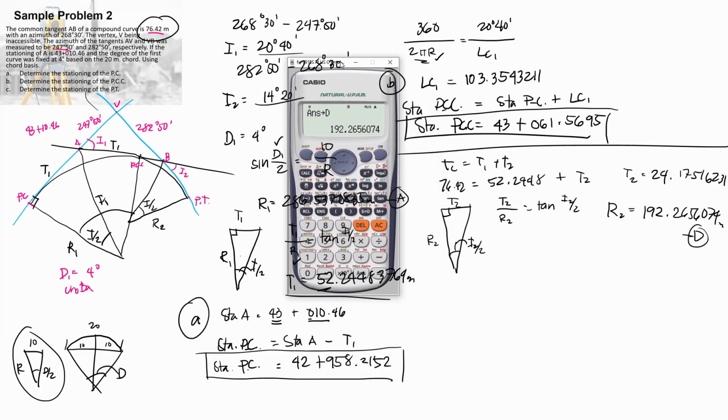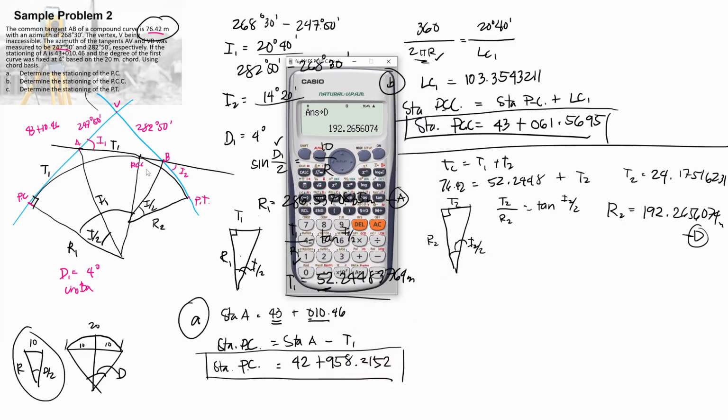Pag ganun na siya, kailangan natin yung kabuoang length nun. So, pwede natin i-ratio in proportion, tama ba? So, 360 degrees, 2 pi r is equals to 14 degrees, 20 minutes. May radius na tayo, R2. Makukuha na natin si length of curve 2.